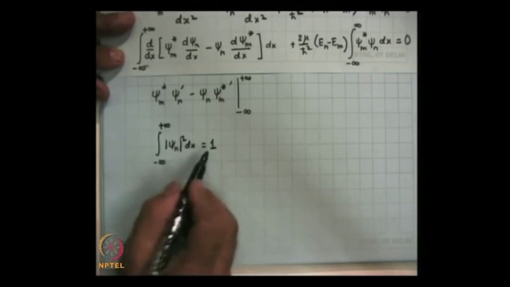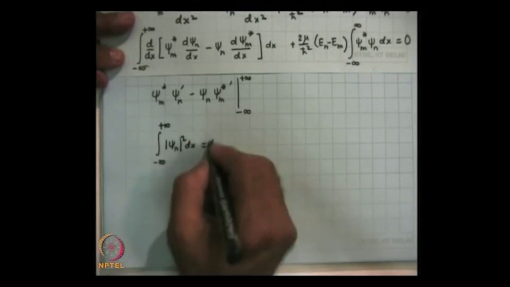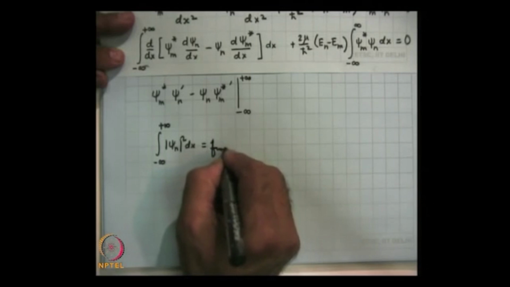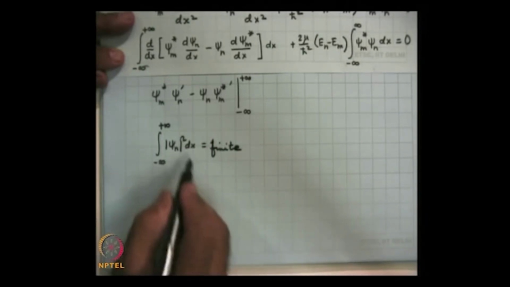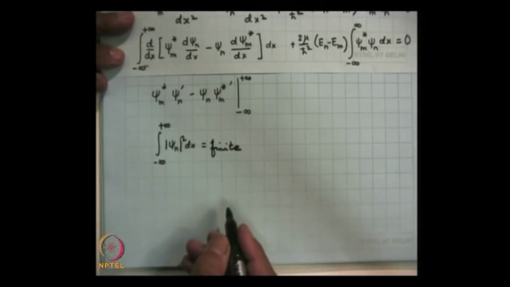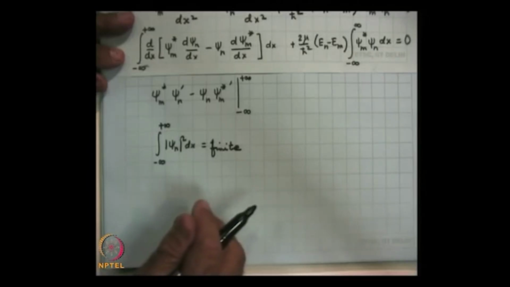A function which satisfies the condition that this integral should be finite is known as a square integrable function. And for a square integrable function, the function itself must vanish at infinity, otherwise it will not be a square integrable function.